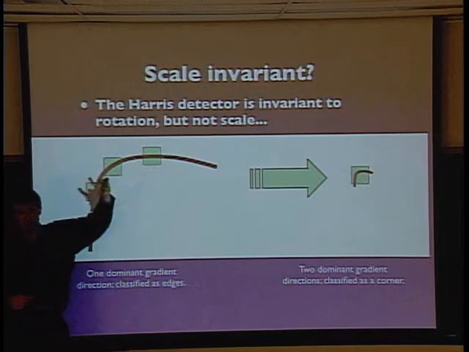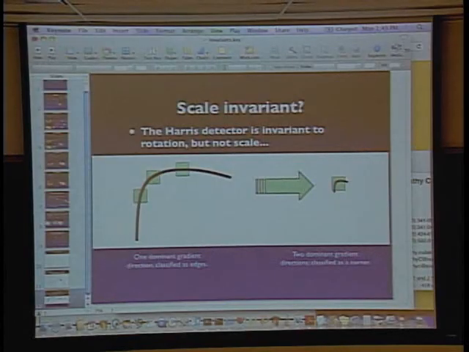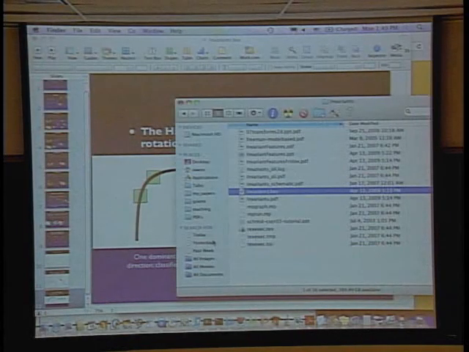It just looks like it has one direction of curve in it. So you really do have to worry about the size of the image patches that you look at if you want to detect interesting regions in a scale invariant way. So if I could just switch to those slides for a moment.